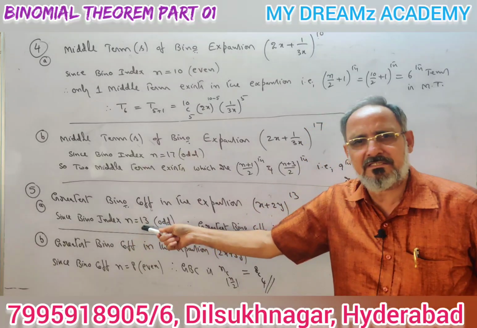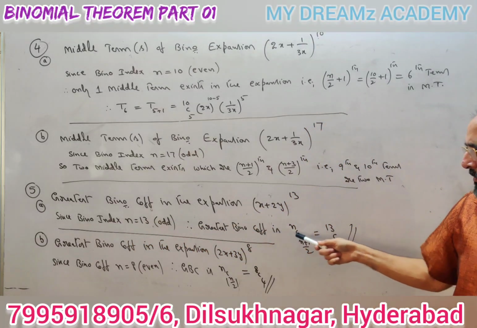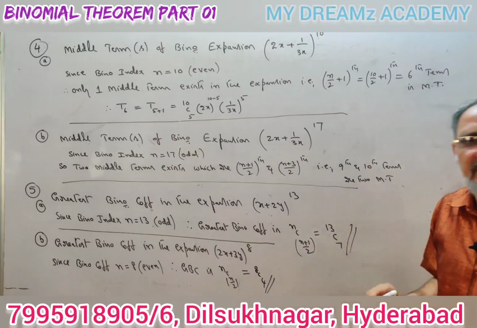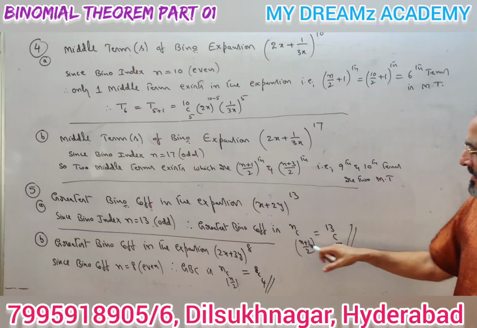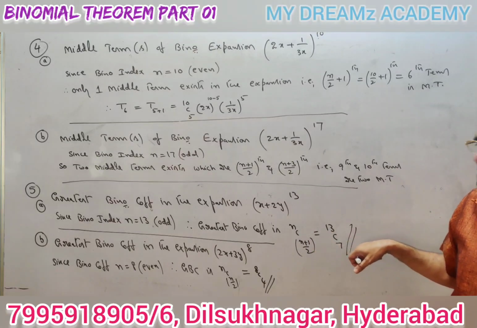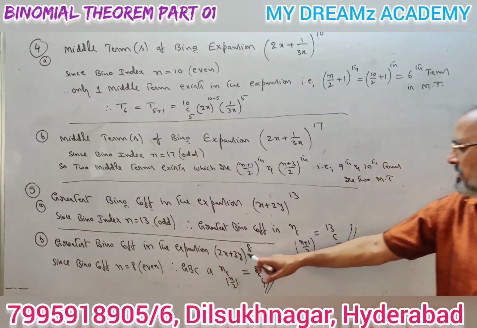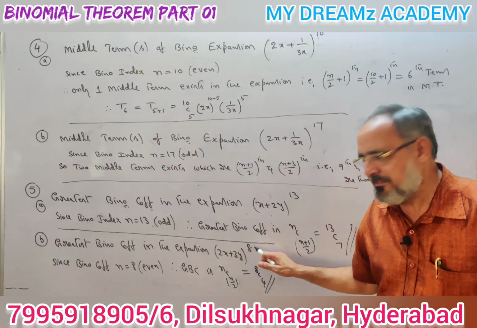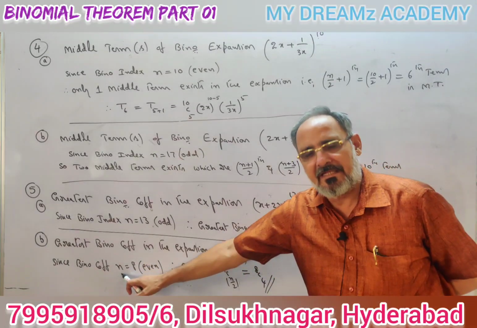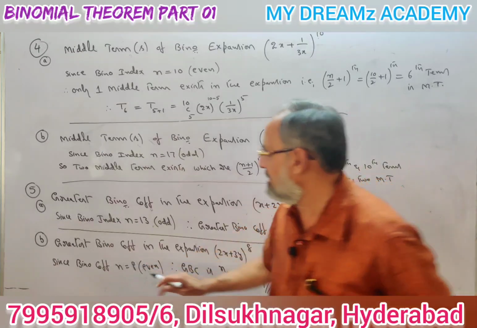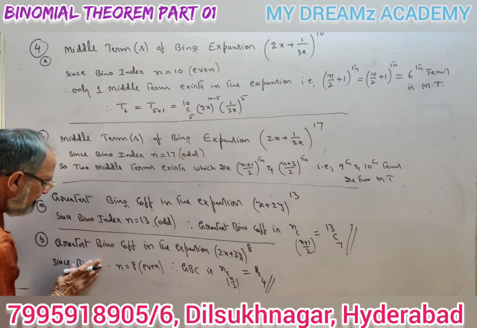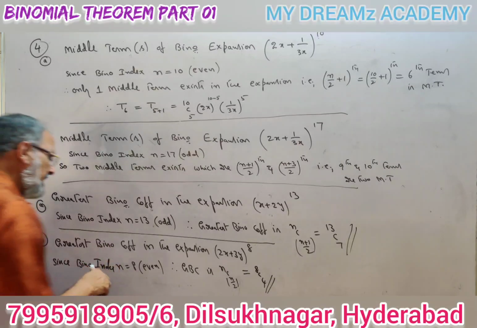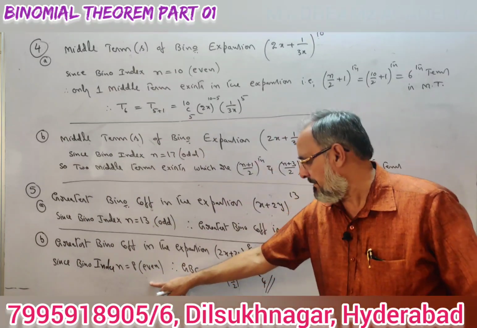Since the binomial index is n equal to 13, the greatest binomial coefficient is nC((n+1)/2). n is 13, so 13 plus 1, 14 by 2, is 13C7. And the greatest binomial coefficient in the expansion (2x + 3y)^8: here the binomial index n equal to 8, which is an even number.